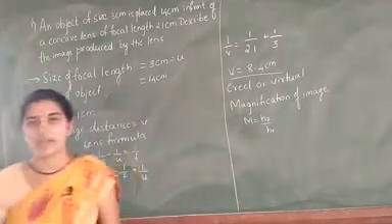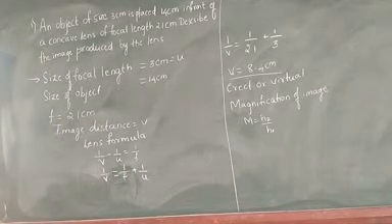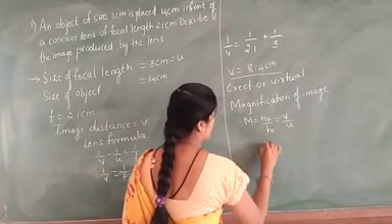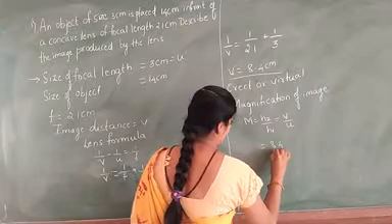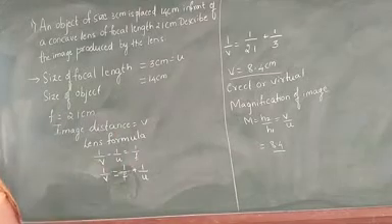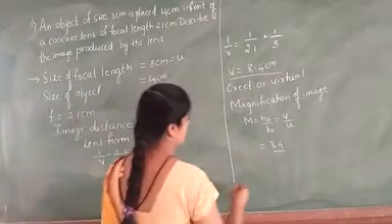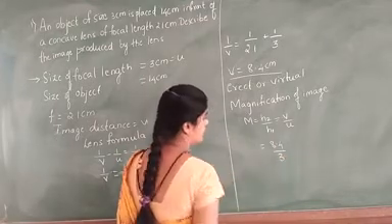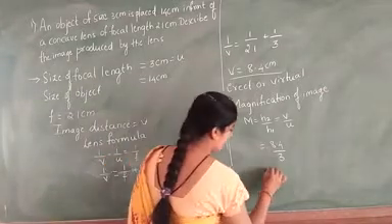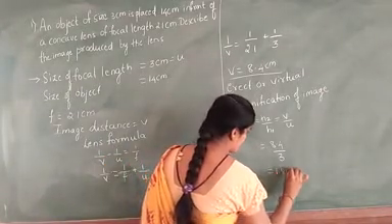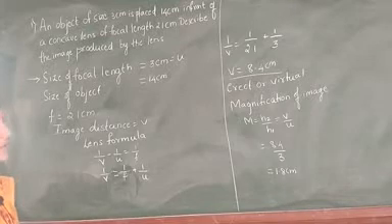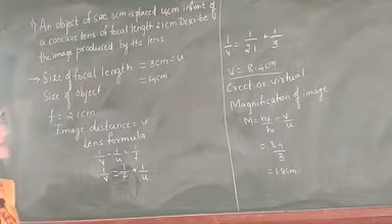Or this can also be equal to V by U. Now put the value of V, 8.4, divided by U, which we take as 14. Therefore, calculating, we are getting the answer as 1.8 centimeter. In the question we have to describe the image produced by the lens, and the total answer we are getting is 1.8 centimeter.